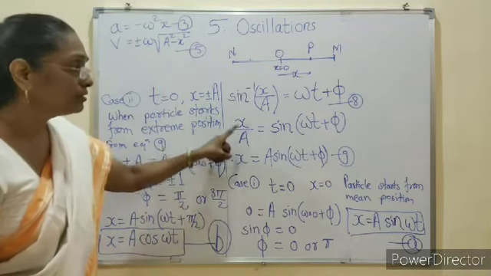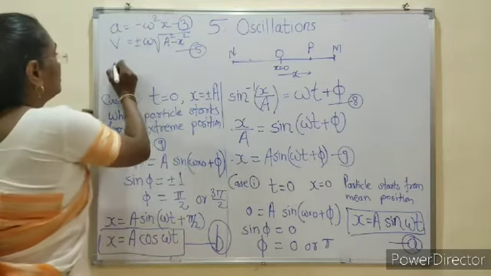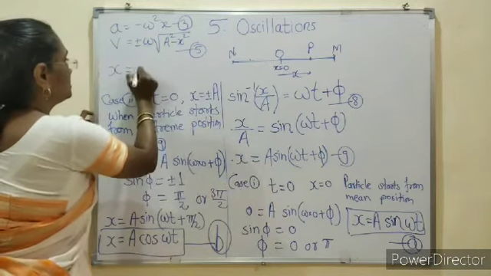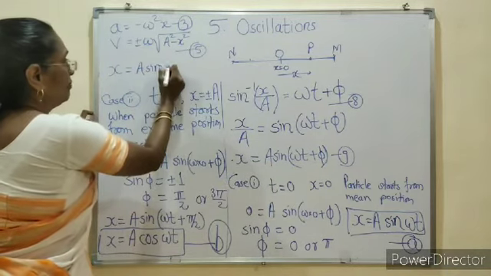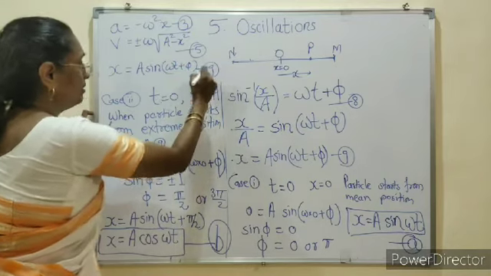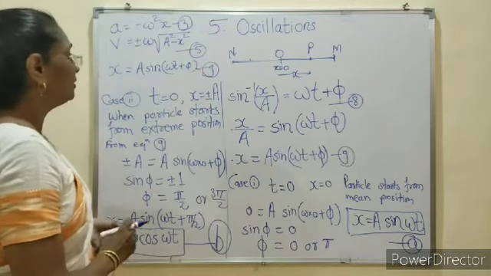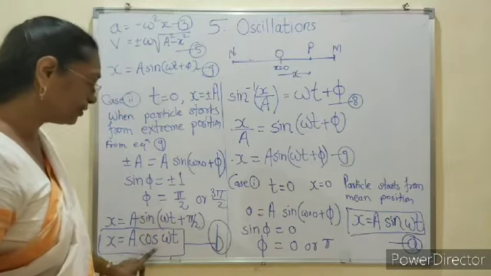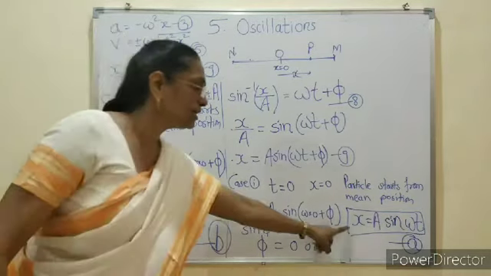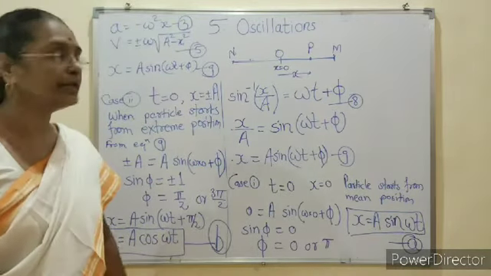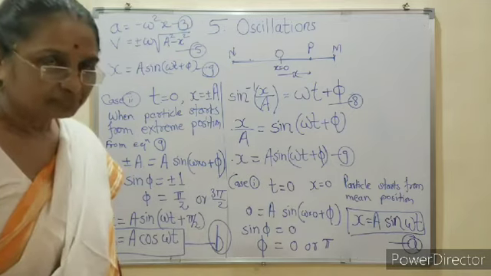So here in our question, the third expression we have obtained for displacement is x is equal to a sin(omega t plus phi), which is equation number 9 for the displacement of the particle. But for the displacement we have two different cases, like x is equal to a sin omega t and x is equal to a cos omega t.